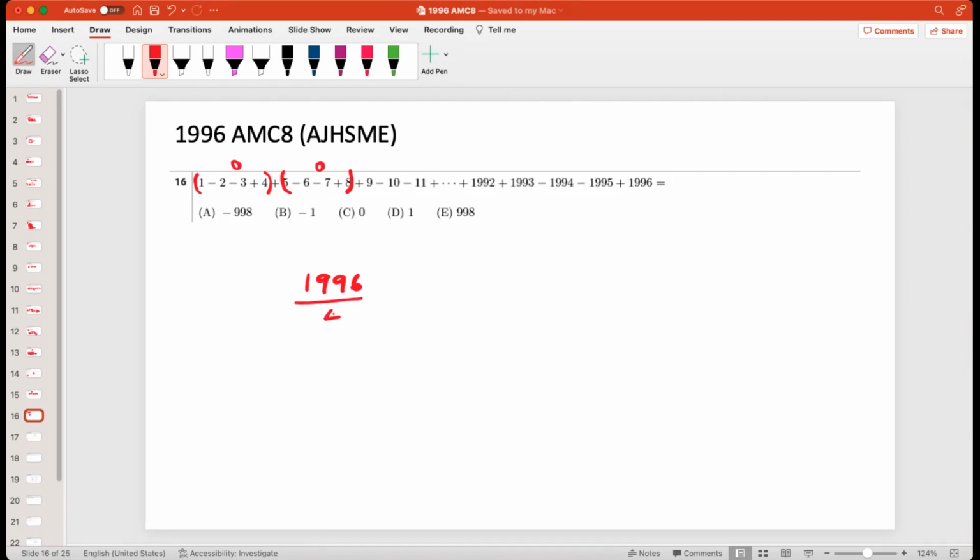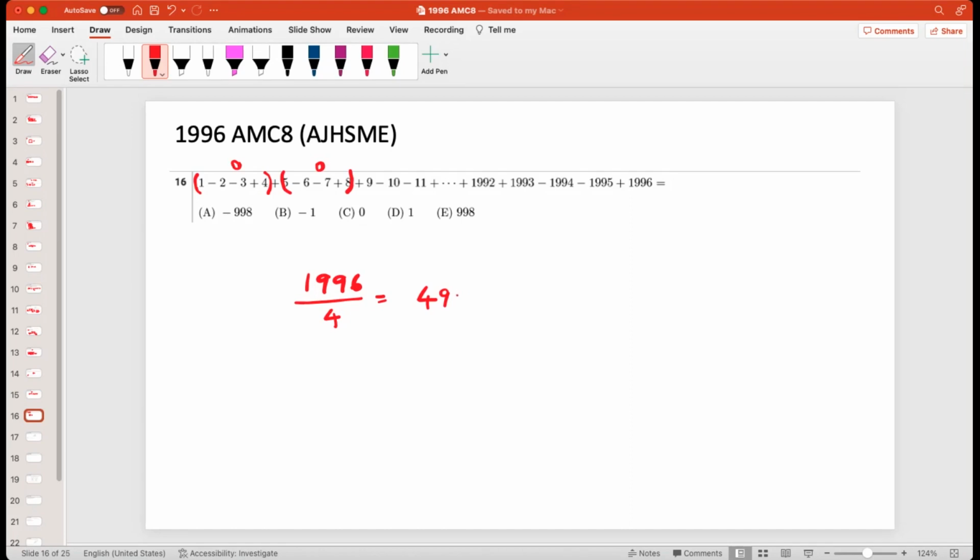So I'm going to divide this by four to see what the remainder is, or how many groups of four numbers there are. 4 4s are 16 and 39, 9 fours are 36.